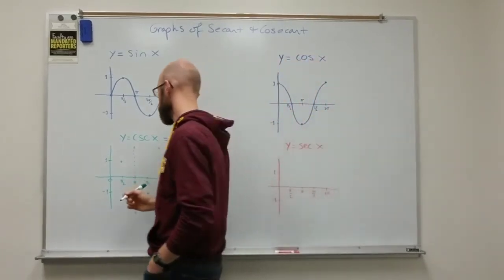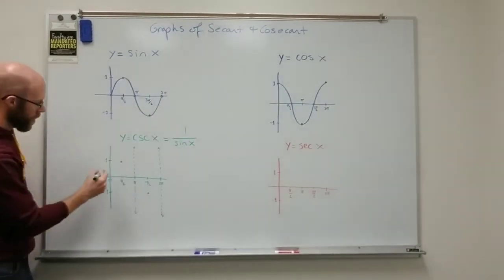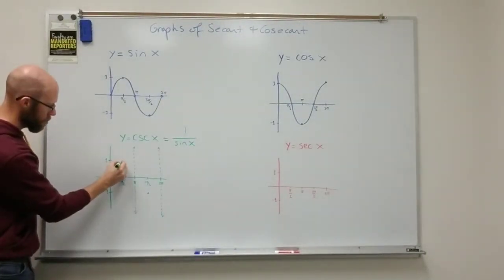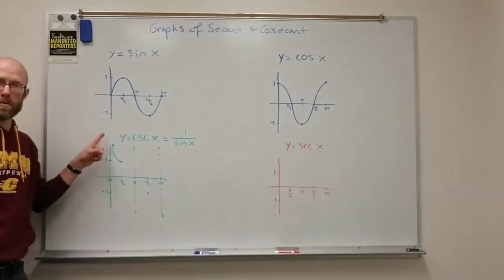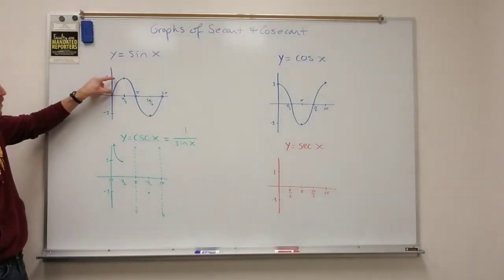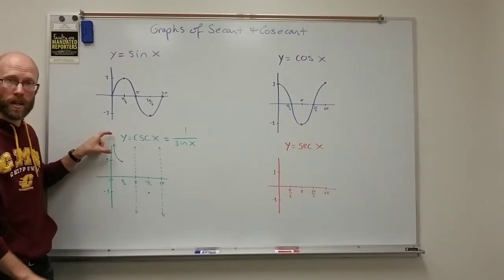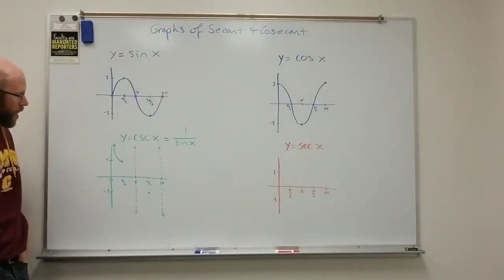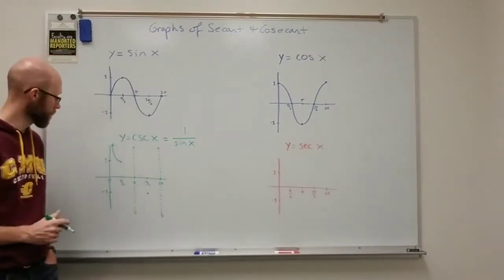And in fact, from this point at 1, the graph will shoot up to the left toward that vertical asymptote. So the reciprocal of all these positive values between 0 and 1 is a positive value greater than 1, or between 1 and infinity. And I know it's going to go up and to the left because that's where the asymptote is.